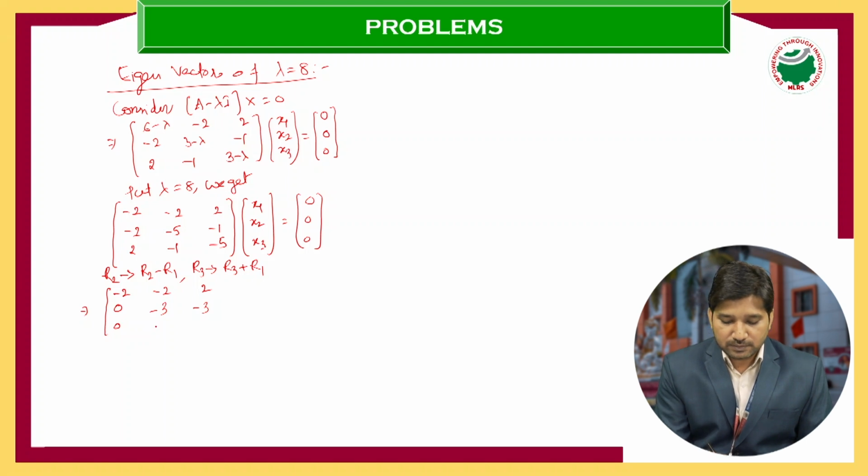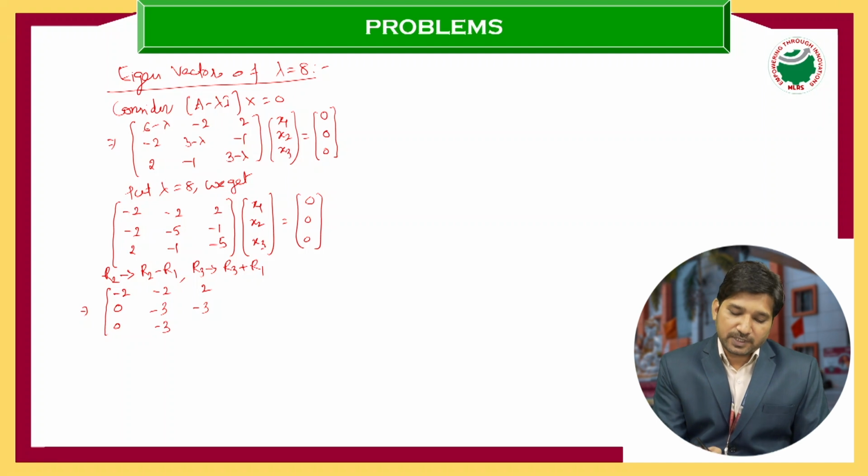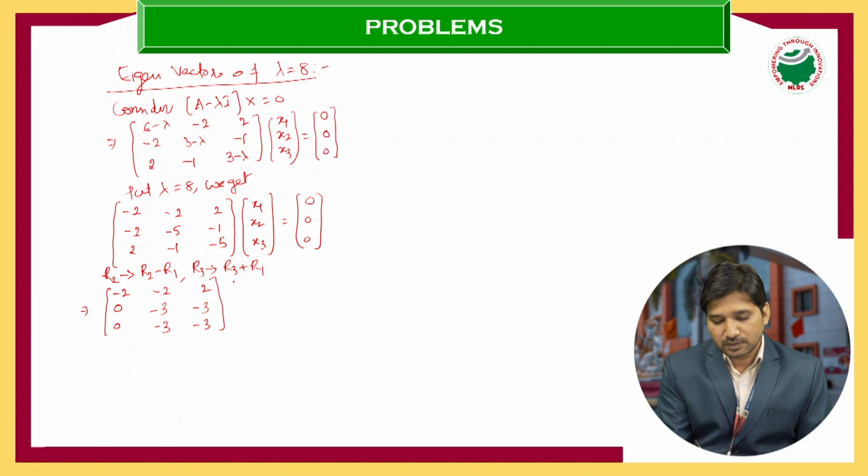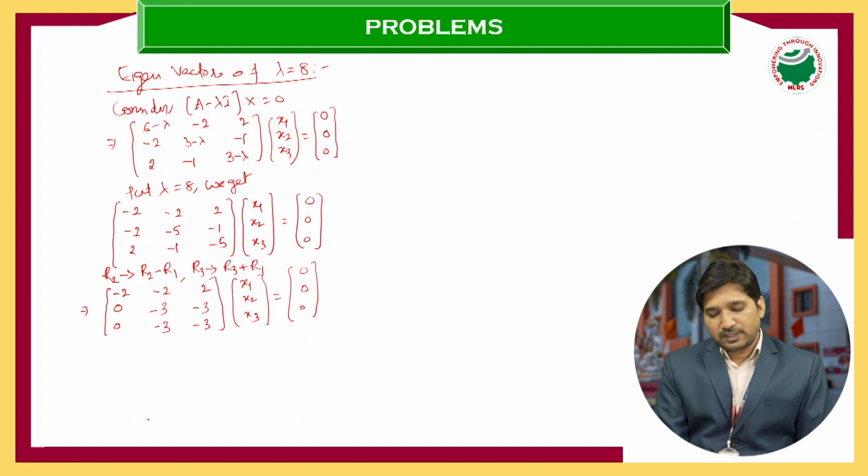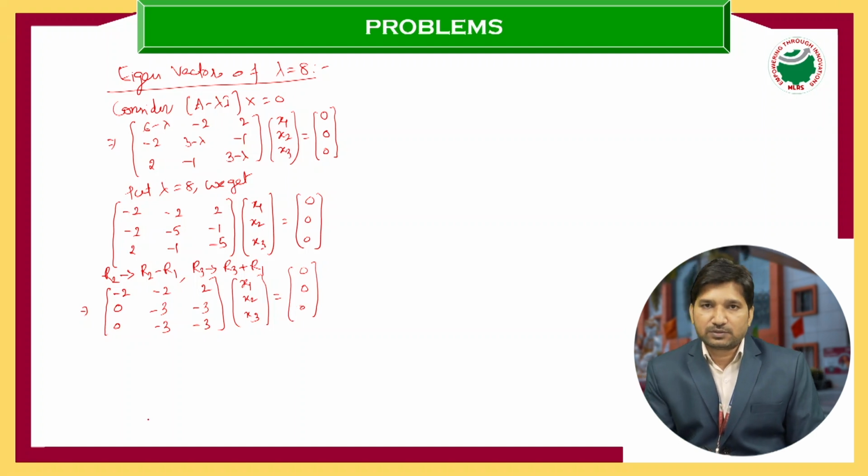Minus 1, minus 2, minus 3. And also minus 5 plus 2, minus 3. This is x1, x2, x3, equal to 0, 0, 0.